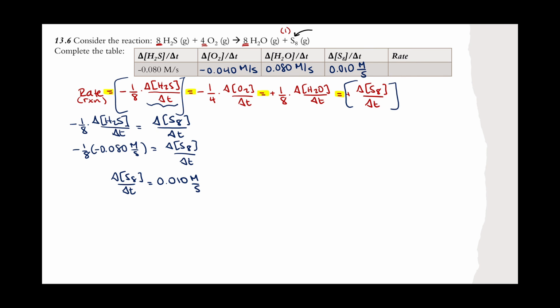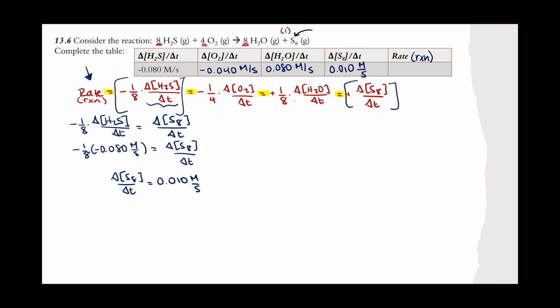The last box that we have to fill is the overall rate of reaction. And it didn't put this in the question, but I'm going to just put in parentheses "of the reaction." That's going to be this part right here. Now we can pick any one of these boxes that we have filled in, and we would just plug that into one of these. They're all equal to each other.